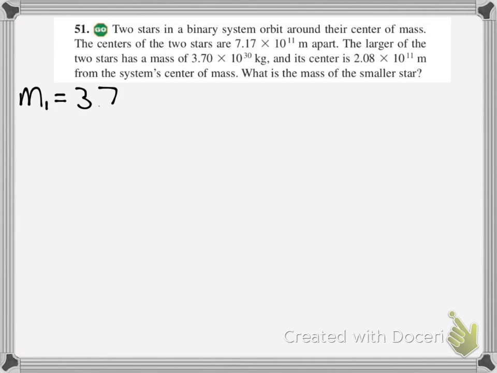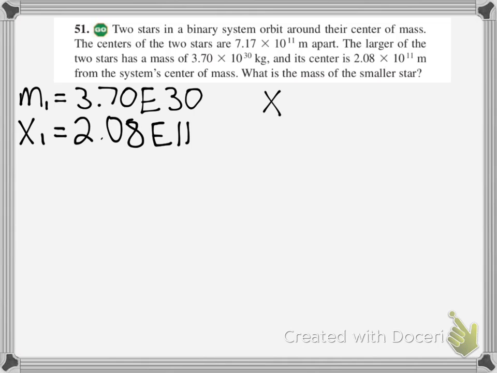Hey guys, so this is our last center of mass problem that we're going to do today, and we have two stars in a binary system. They give us all the information for the first star, but for the second star they just tell us that the two of them are 7.17 times 10 to the 11th meters apart, and it says later that the center of mass of the first one is 2.08 times 10 to the 11th.